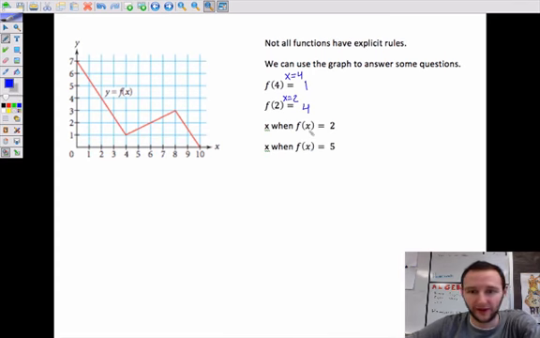I want to know x when f of x equals 2, so I'm looking for where this line equals 2 on the vertical axis, and it looks like it equals 2 right there, right there, and right there. So I'm looking across the 2 line on the vertical axis, and x is about 3.2, 6, and we'll say about 8.7.